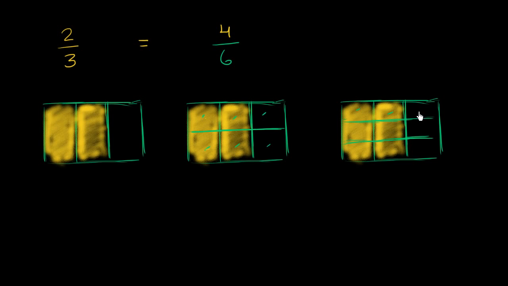I have 1, 2, 3, 4, 5, 6, 7, 8, 9 equal sections. And then which of those are actually shaded in? We have 1, 2, 3, 4, 5, 6. 6/9. So 2/3, which is equal to 4/6, is also equal to 6/9. All 3 of these are equivalent fractions: 2/3, 4/6, and 6/9.